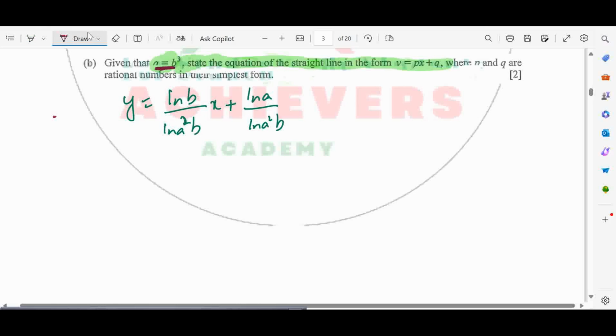So this will now be y is equal to natural log of b divided by natural log of b cube squared times b, x, plus natural log of b cube divided by natural log of b cube squared multiplied by b.